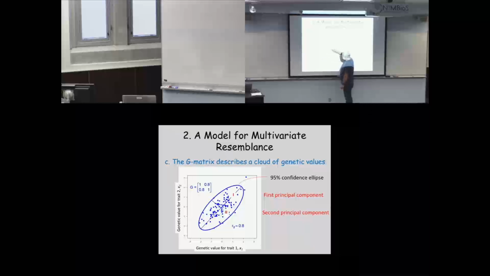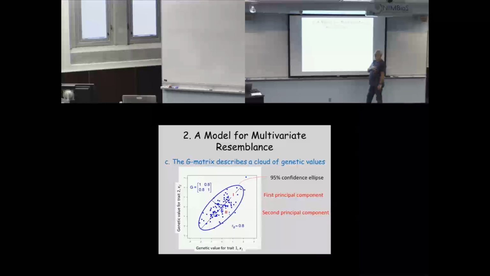So it's the direction in which you have the most variance, the first principal component. The second principal component, taking out that first one, is the direction in which you have the next most variance, and so on. It's good to say it a couple different ways.